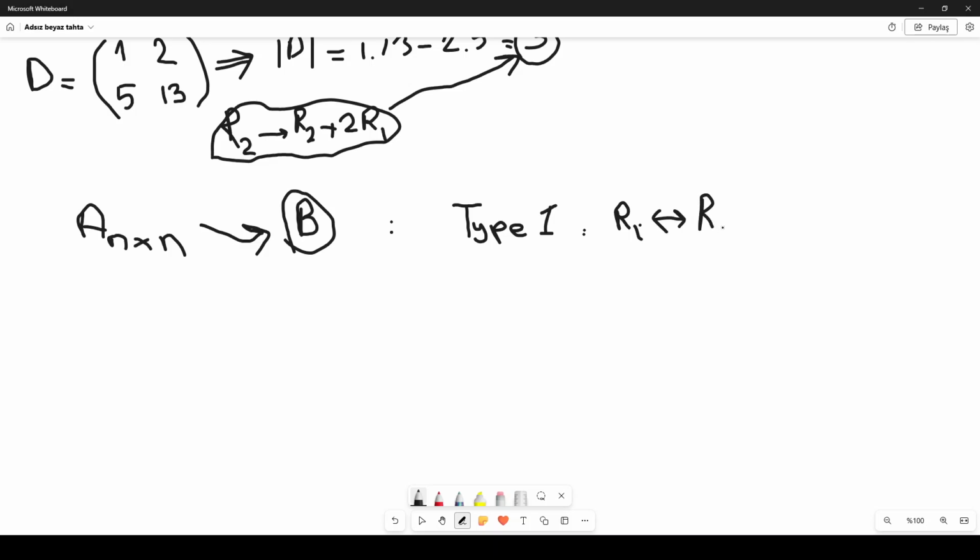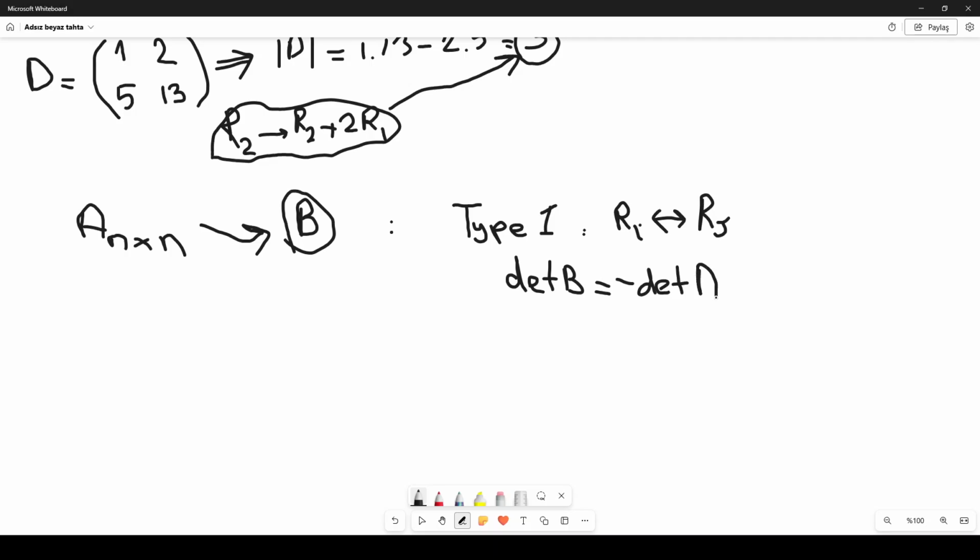And what is the effect of this operation on the value of the determinant? As we noticed in the above example, the determinant of B, the final matrix, is equal to minus the determinant of A.